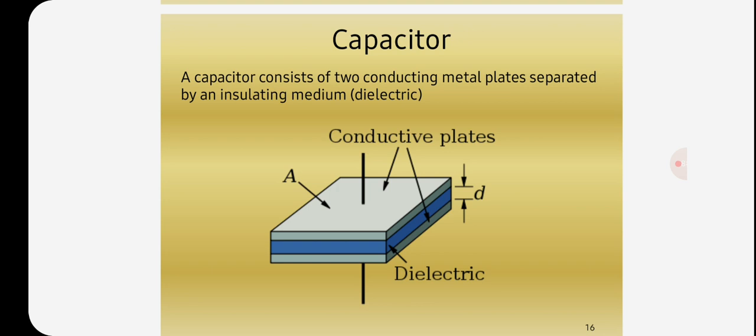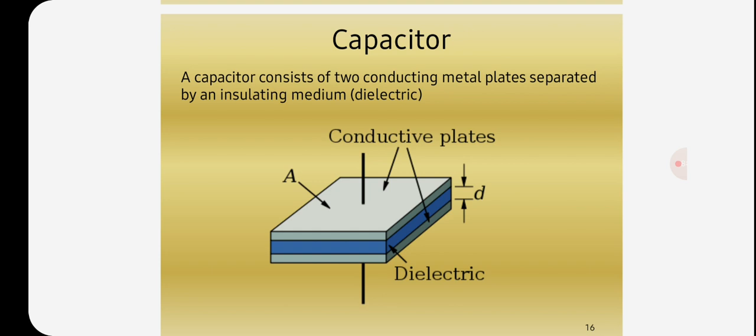There are various types of capacitors such as parallel plate, spherical, and cylindrical, but all types of capacitors consist of two conducting plates separated by an insulator or dielectric. In a parallel plate capacitor, the plates are parallel to each other.